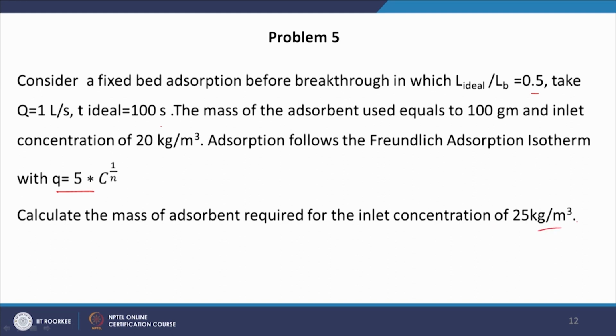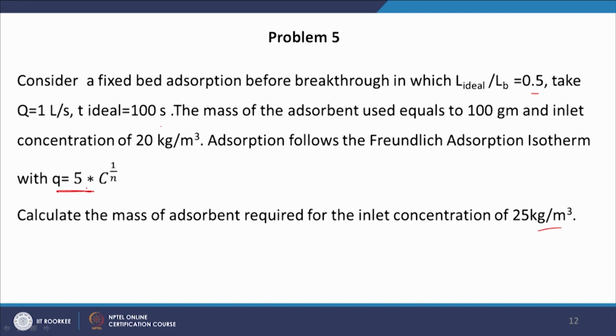So, it is again a problem of adsorption based process. So, we have a fixed bed, L ideal by L b, total length it is given. Flow rate is given, T ideal is given, and mass of the adsorbent used is also given, and initial concentration is given, and the specific uptake, how to calculate, that formula is also given.